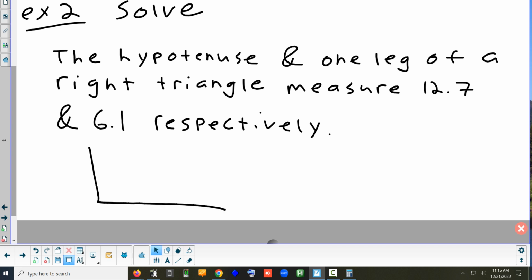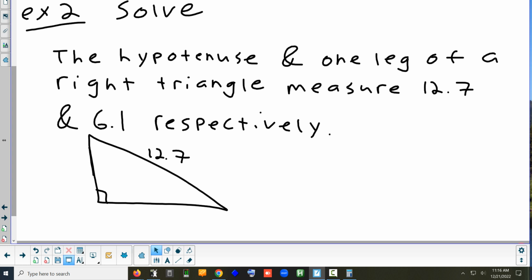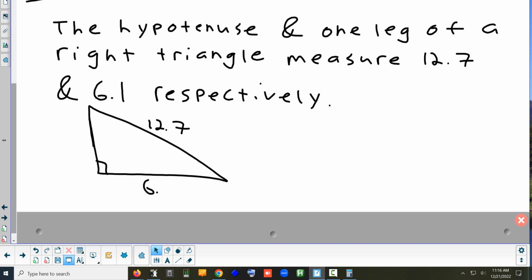Okay, so let's make a sketch. The hypotenuse has to be the long side, so that's the 12.7. And the 6.1, it doesn't matter where you put it. If they said A is 6.1, then you'd want to put it wherever you put A. But they didn't say, so let's just put 6.1 here.